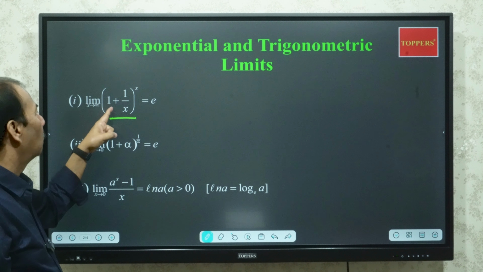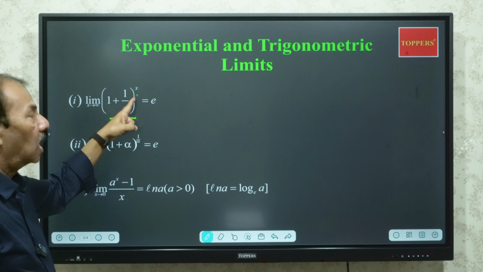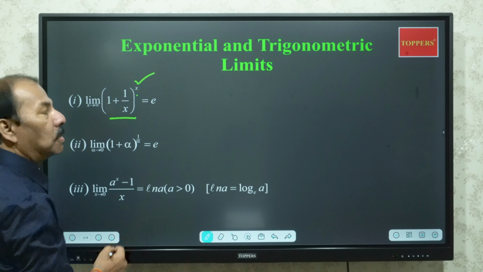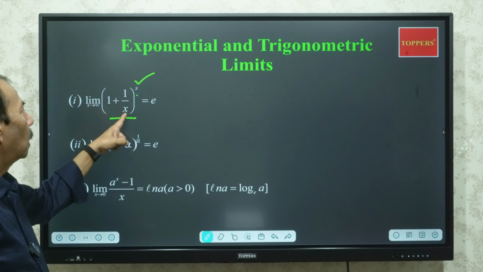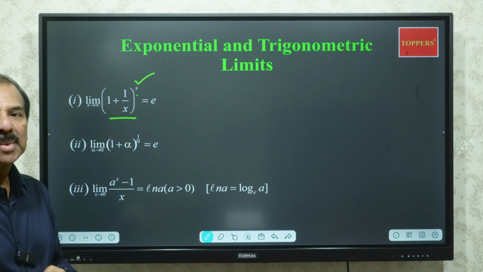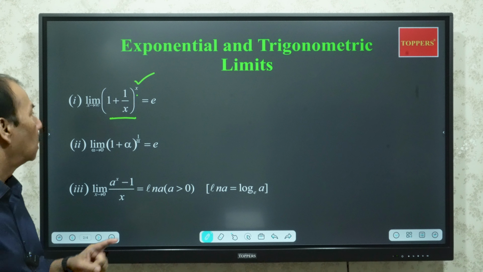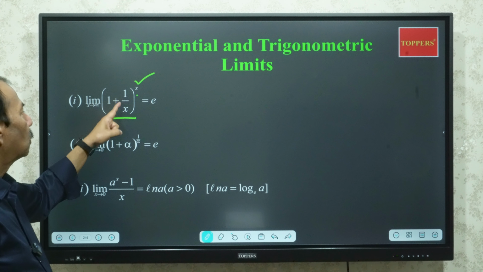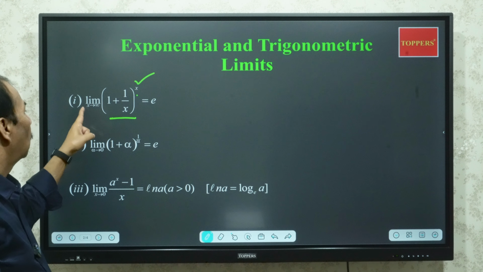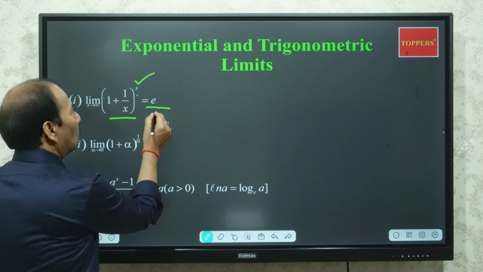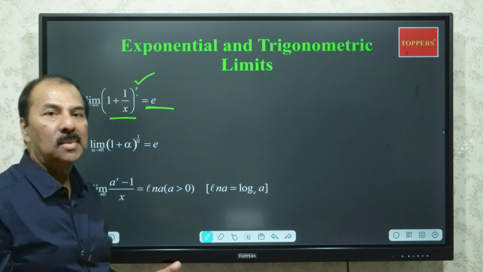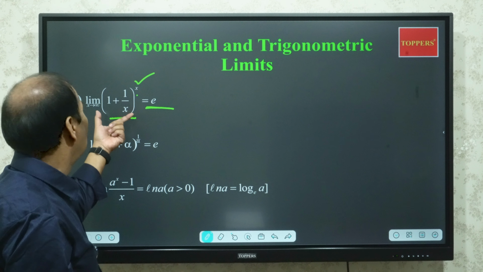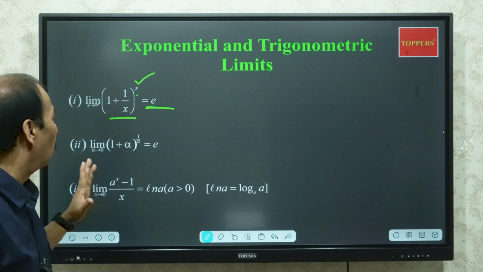The limit of 1 plus 1 upon x to the power x, when x tends to infinity, where 1 upon x tends to 0, is equal to e. e means the exponential function, y is equal to e to the power x. So the limiting value of this is equal to e.